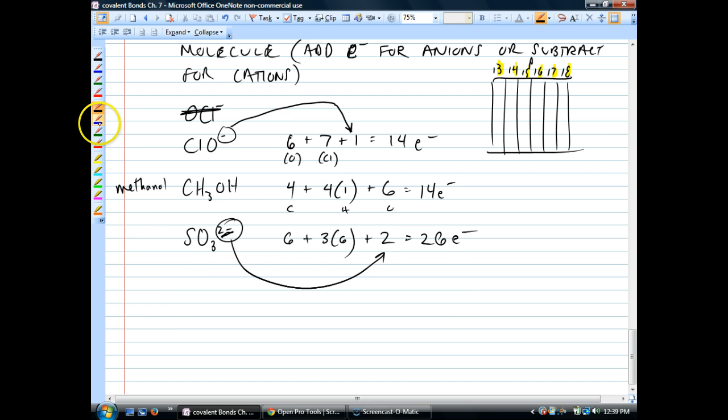And this really is pretty simple if you stick to the rules. Stick to the steps. Number 2, draw a skeleton structure using single bonds.